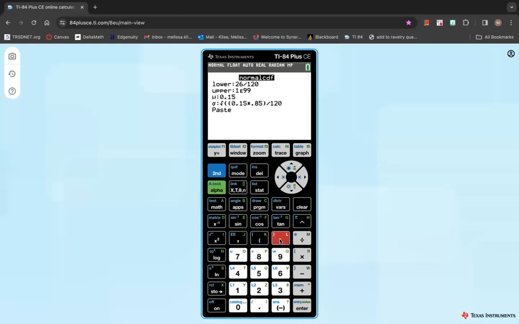Then close the parentheses. When you are putting the math in here, you need to be really careful with your parentheses. You need lots of them. Notice how I have parentheses around my entire numerator, and then I have parentheses around the whole thing. So I'm going to paste that. Here again, I still have 2%. But instead I had the calculator do that math for me. Calculator's smarter than I am.